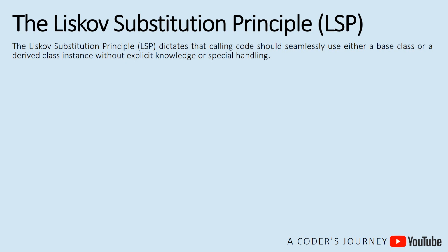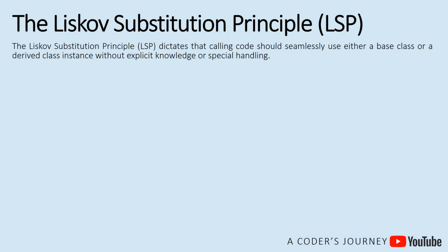So calling code should seamlessly, meaning without being aware of it, right? So without needing to check something, right? Because in the next paragraphs, I'm going to draw a scenario which I think you are all familiar with. So just bear with me.